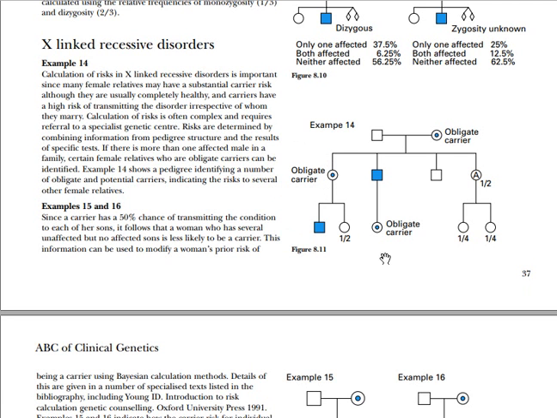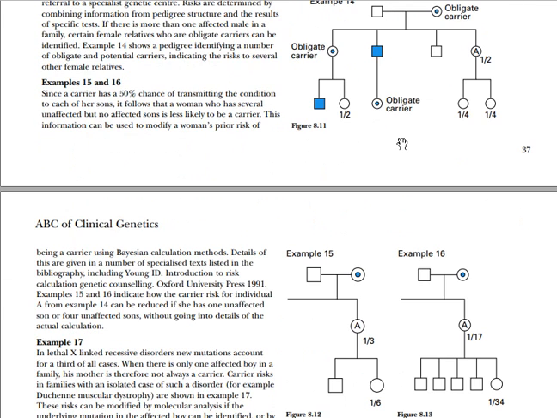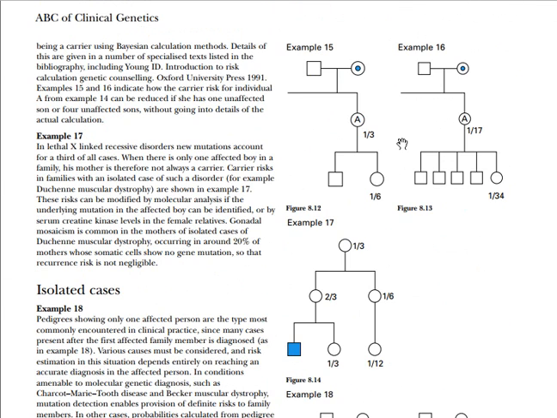Also, if one girl in a family is an obligate carrier, it means that the father must have had the disease in the previous generation. Is it clear? So that is how you visualize the diseases here in X-linked recessive disorders.